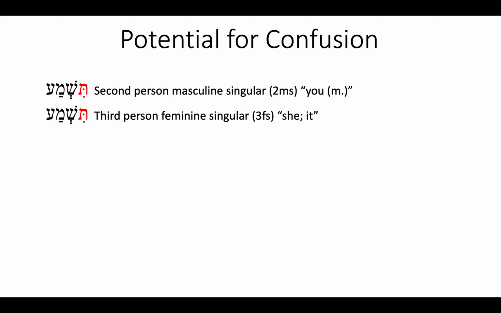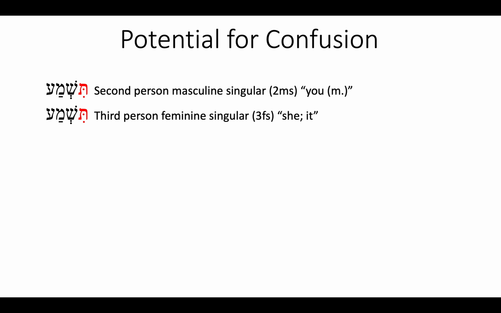Now, be aware that there is some potential for confusion. Notice that the second person masculine singular, the you masculine form tishma, is exactly the same as the third person feminine singular tishma. So you will hear and she will hear are written in the same way.